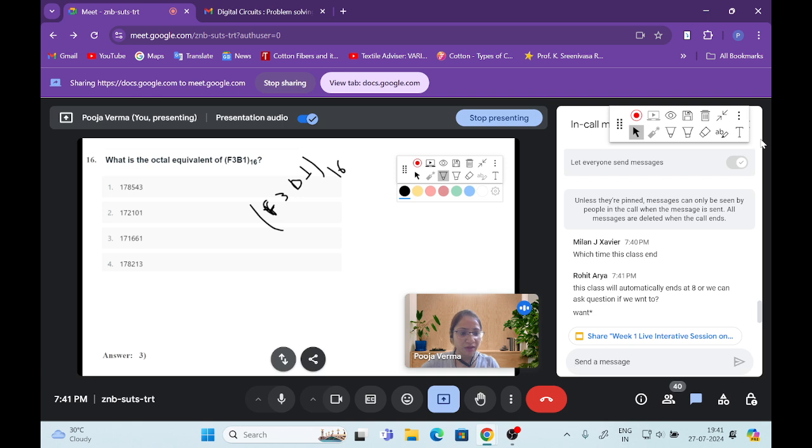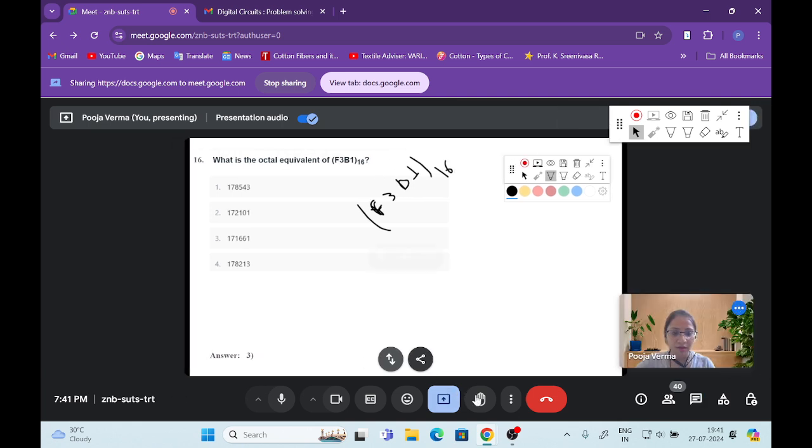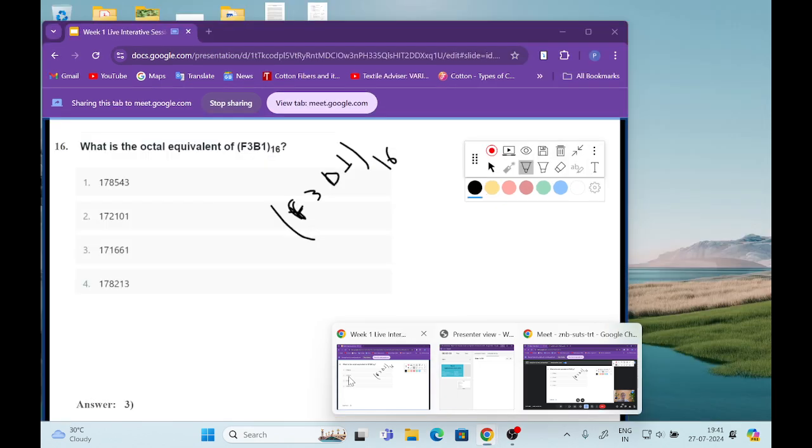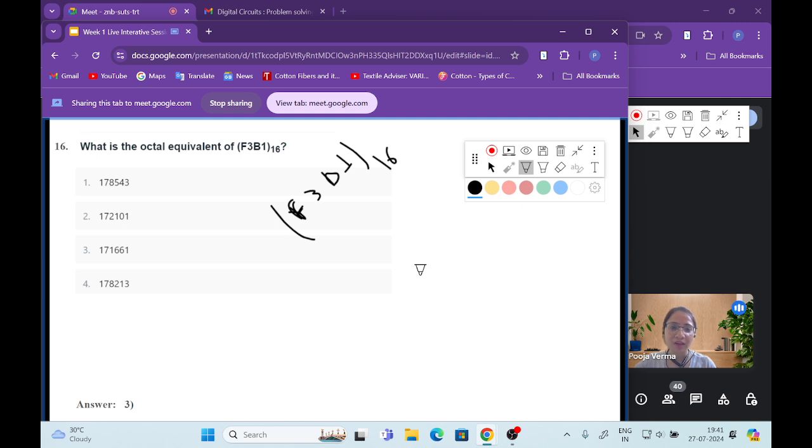You can ask questions after that also if you want. The class timing is 6 to 8, but if the questions are left, then I will continue it. It will not automatically end, and you can ask questions also.